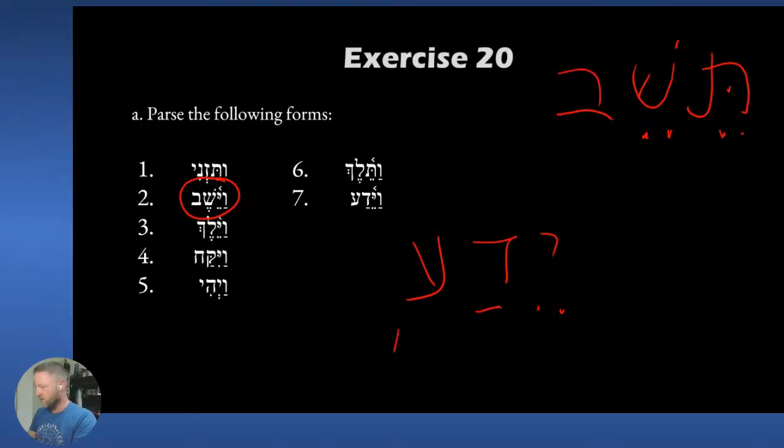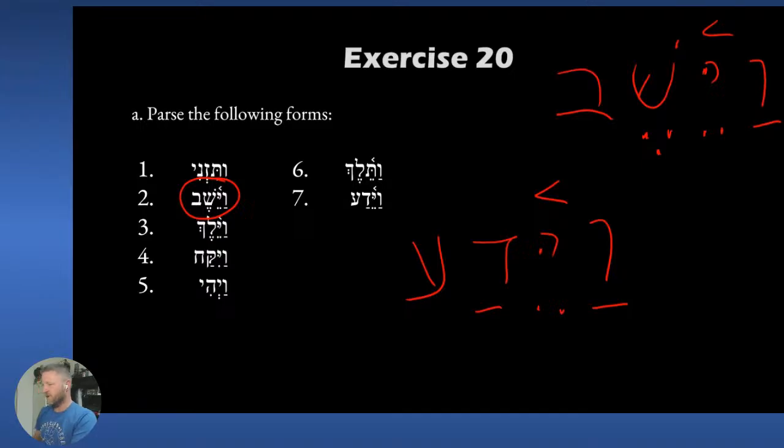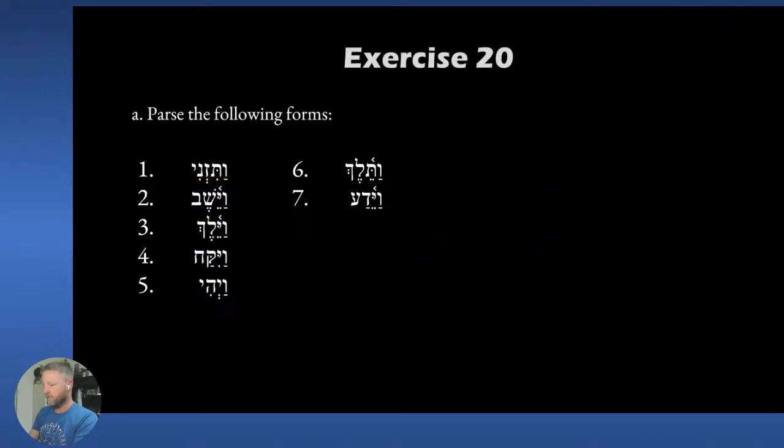Because remember, gutturals want to color the vowels. So yeda is he will know, and vayeda, he knew. Like this one, yeshev, vayeshev. Vayeshev, vayeda. So this is and he knew.